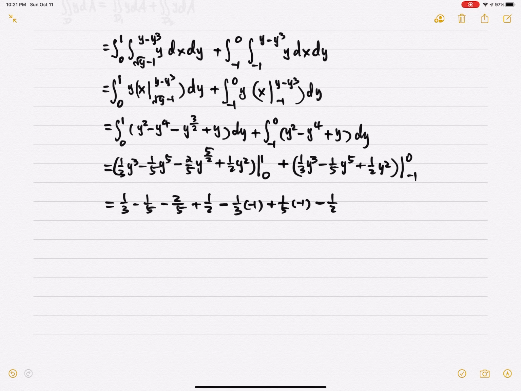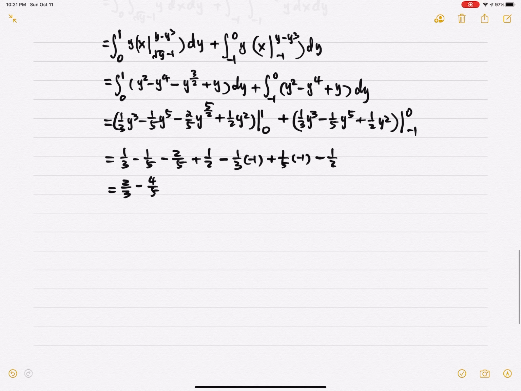Now you see here we have 1/3, here a positive 1/3, so 2/3. And -1/5, -2/5, -1/5 is -4/5. The positive half and negative half cancel. The common denominator is 15: 2 times 5 is 10, minus 3 times 4 is -12. So 10 minus 12 is -2/15.